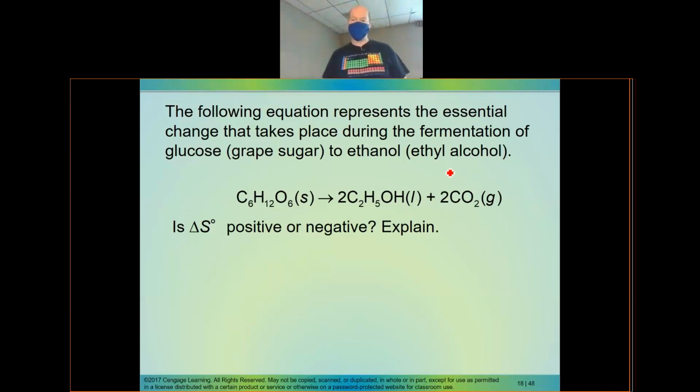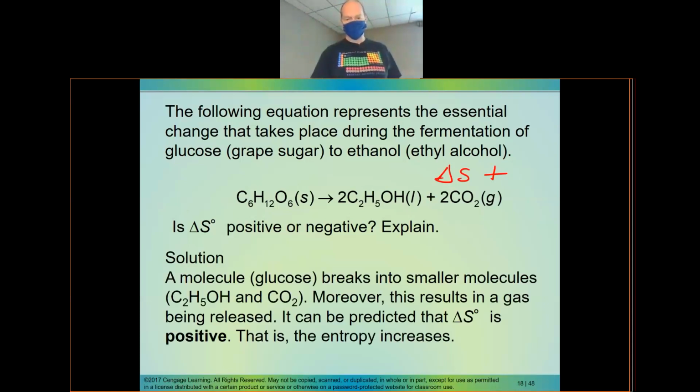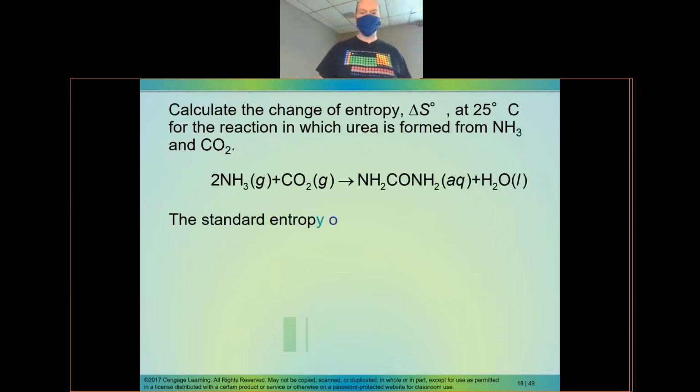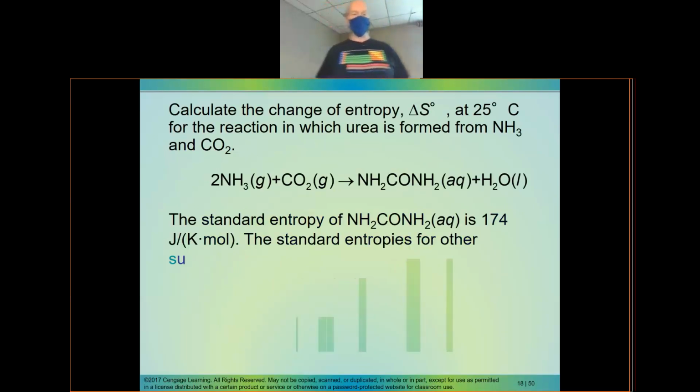So this is going to be a large delta S value, a delta S being positive. You can calculate the number. You take the table that we just saw, take your S values, add up all your products, add up all your reactants, products minus reactants, and you will get your delta S value.